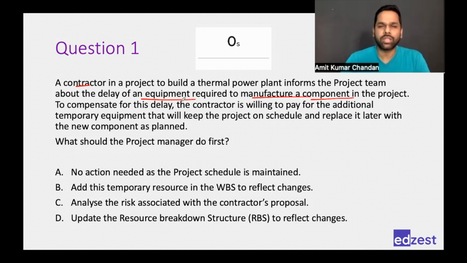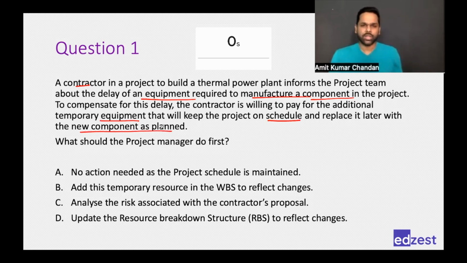To compensate for this delay, the contractor is willing to pay for the additional temporary equipment that will keep the project on schedule and replace it later with the new component as planned. Okay, so the idea here is that the contractor is informing about a delay, and they're also compensating it with providing a temporary equipment which would take place of the new equipment which is planned to be delivered. And in the meanwhile, they would run with that equipment, and when the new equipment arrives, then they will replace it. It's a good idea.